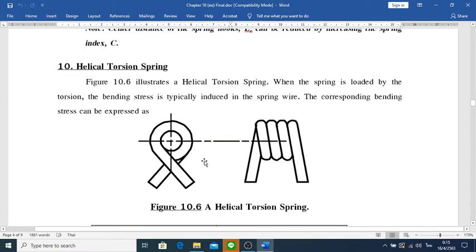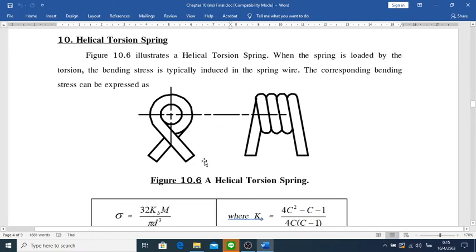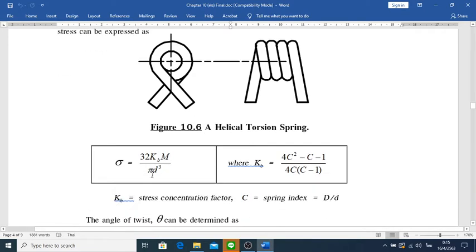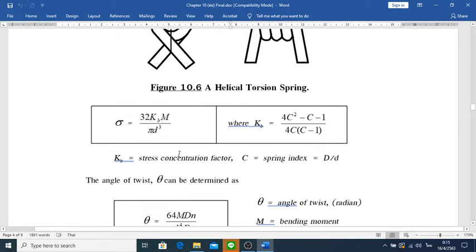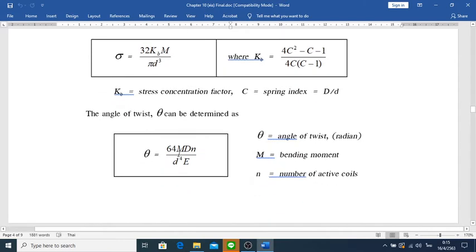And then section 10 also covers the helical torsion spring. For this type of spring, we have the sigma, which is the stress induced in the spring, and the theta, which is the twist angle in the spring.